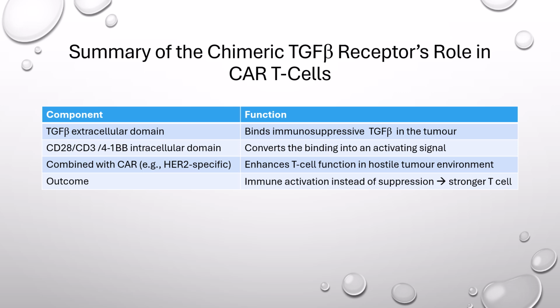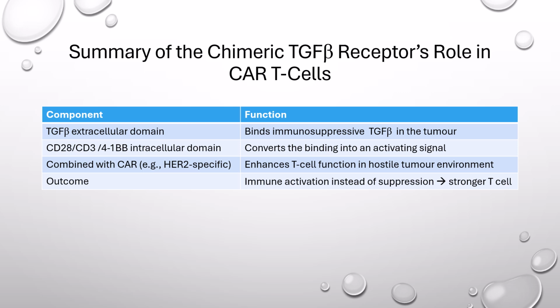So this is just a summary slide, and it's basically covering what I've discussed, and what the TGF beta receptor's role is. And it's really, as I said, there to prevent the T cells from being shut down. Because obviously in the tumor microenvironment, these cytokines like TGF beta are everywhere, and they lead to reduced cytotoxicity.